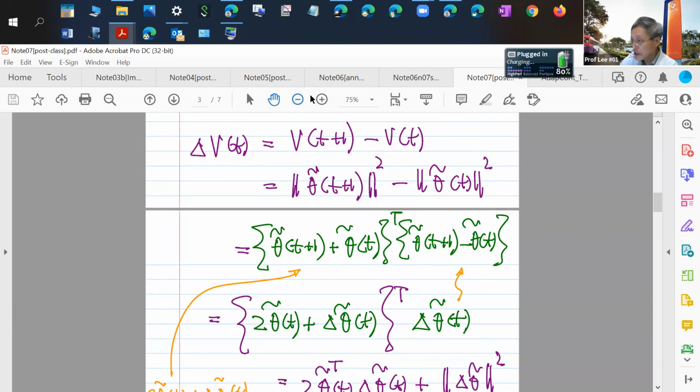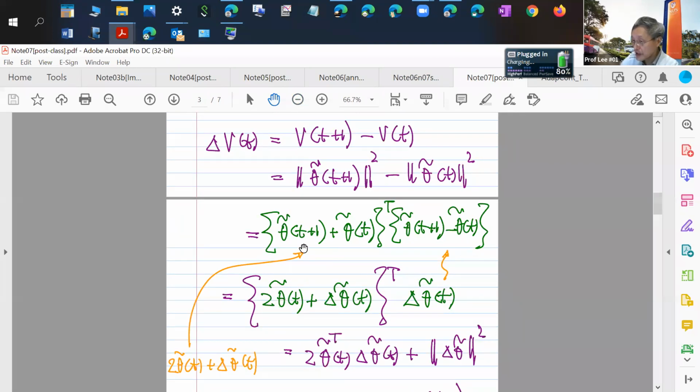In continuous time you have V dot, but your step sizes are infinitesimal, your signals are smooth, and the time measure is infinitesimal.